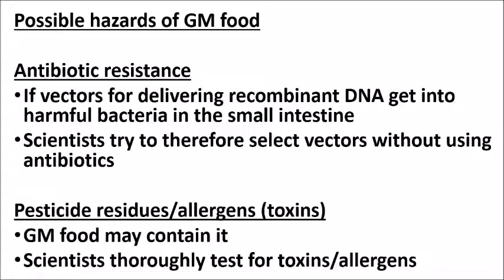So there are dangers. Also, pesticide residues, i.e. toxins, could be on the GM food that you're producing. However, there are precautions in place to stop this from harming us.